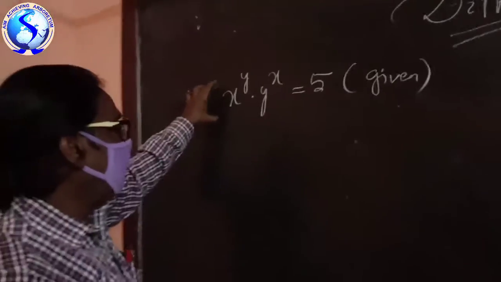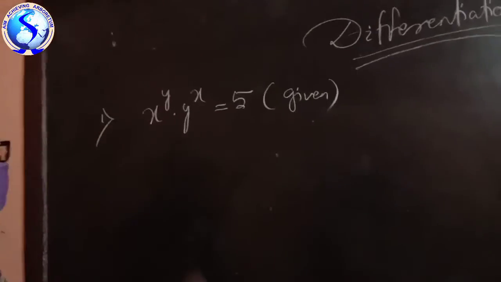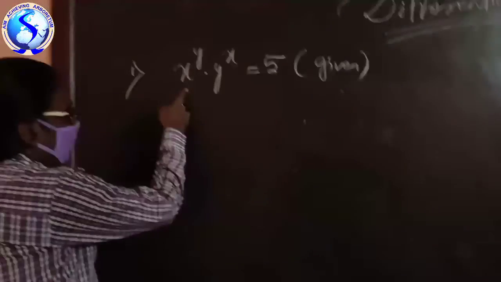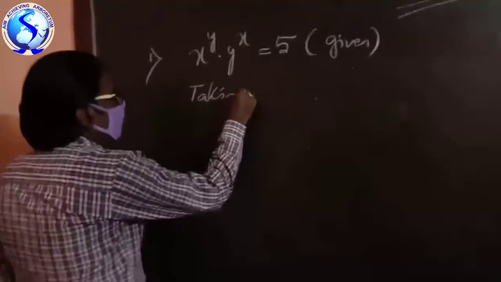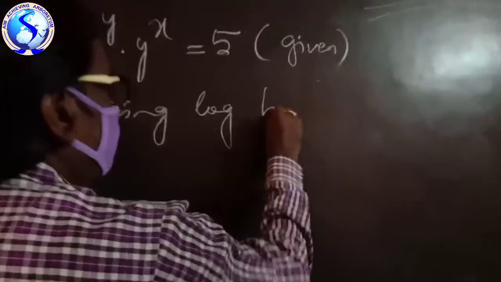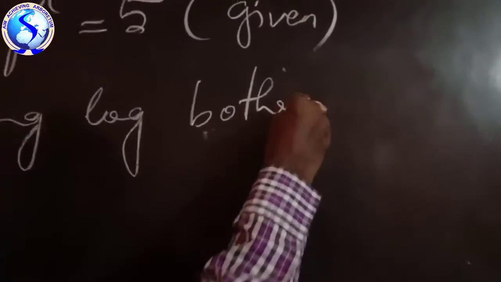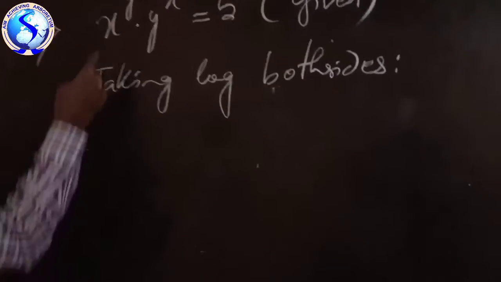If the question is like this, you have to write taking log both sides. Taking log means logarithm. If I take log both sides, what will I get? Then this will be converted to y log x.